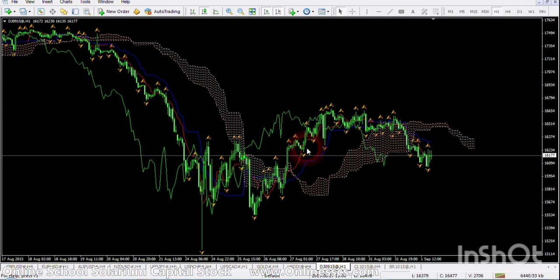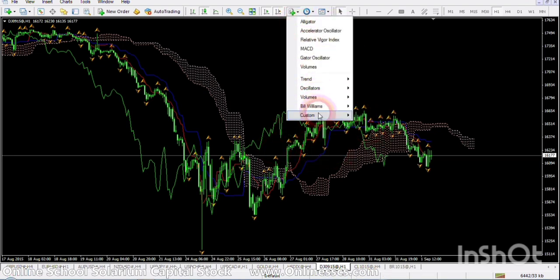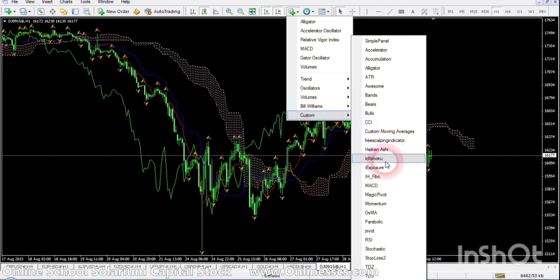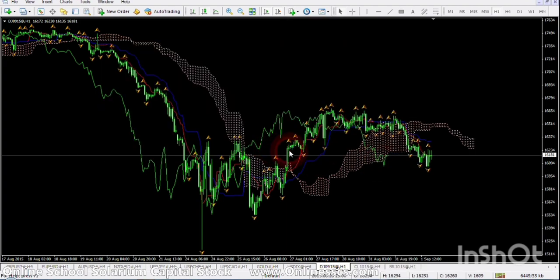This Ichimoku that is on my chart right now, you go to the indicators, custom, Ichimoku. This indicator is one of the most popular indicators that traders use, like me, I also use it.